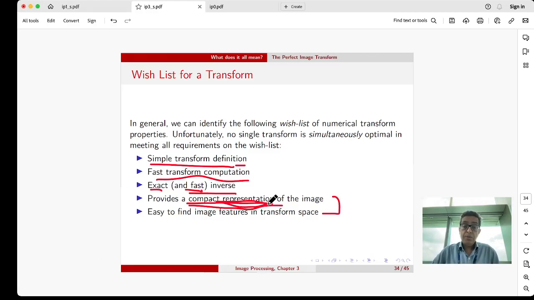In other cases, you don't really care about having a compact representation in transform space. You prefer something where the transform space allows you to find features more easily, like lines or edges. And so sometimes you trade off a compact representation for easy working with, so that it's easy to find image features in transform space.